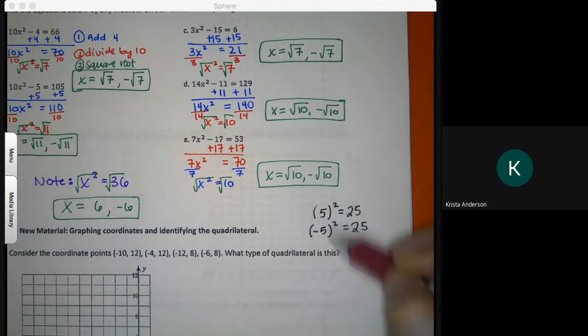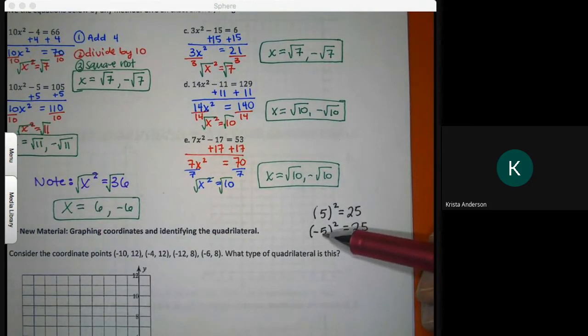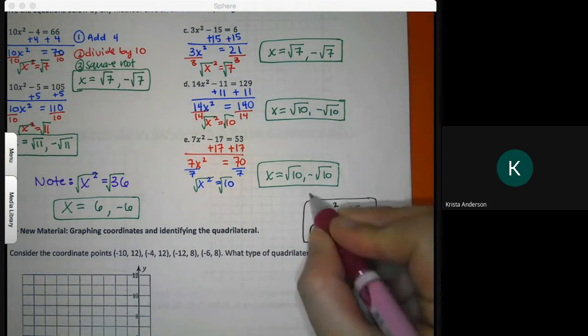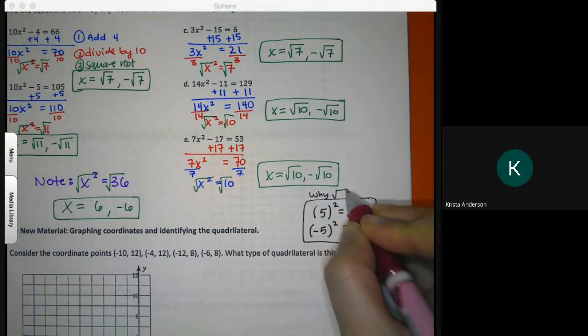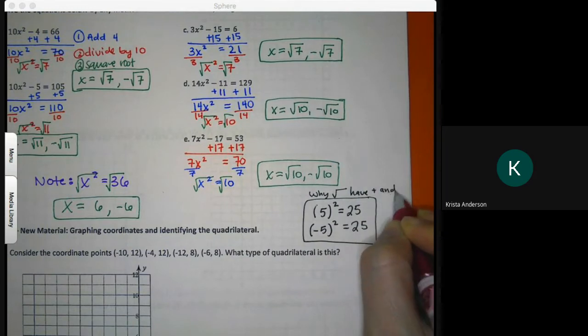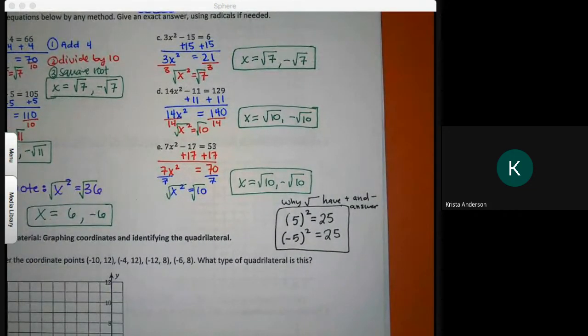That's why when I square root, I need to put a positive version and a negative.